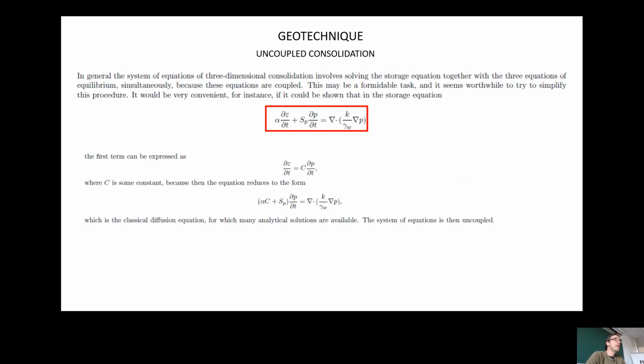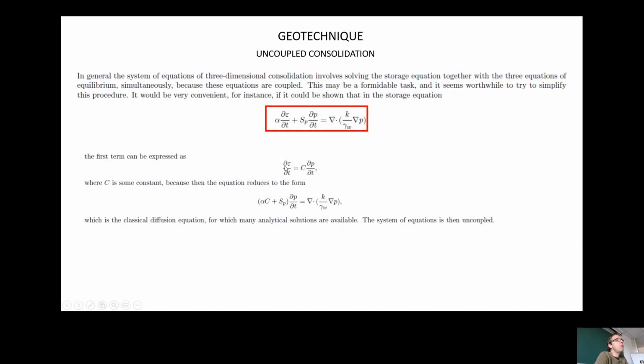So at this point, we can see something a little bit different, a little bit more convenient. In fact, if in the storage equation the first term can be eventually represented by C that multiplies the derivative of p with respect to t, the time, where C is somehow constant, then the equation can be reduced to a very simplified form.